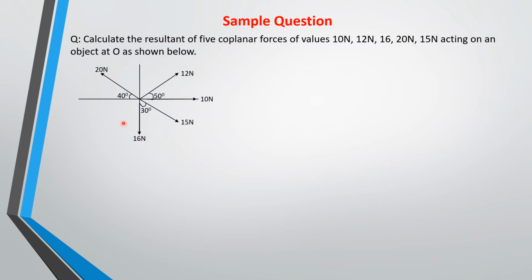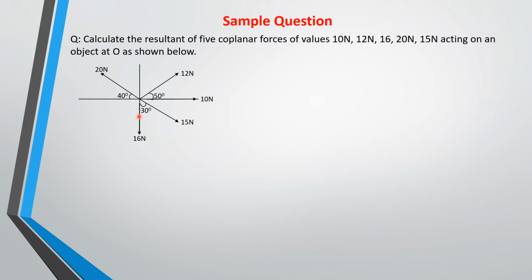If you look at this question, you see that the 10 Newton force is acting on the horizontal x-axis, while the 16 Newton force is acting on the vertical y-axis. Which means the angle of inclination of the 10 Newton is 0, while that of the 16 Newton is 90 degrees, as we discussed before.